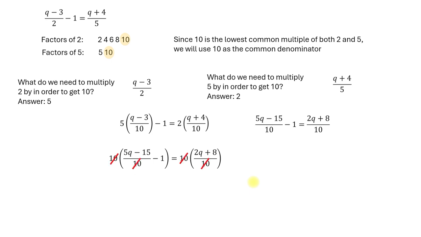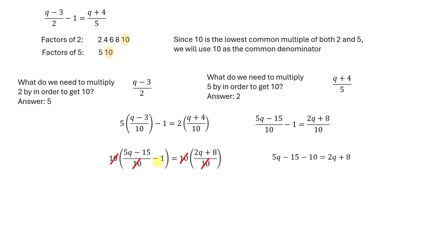When we do that, our 10s cancel out, but we can't forget this negative 1 right here, which does not cancel out. So when we multiply 10 times the -1, we'll end up with -10. So 5q - 15 - 10 = 2q + 8.